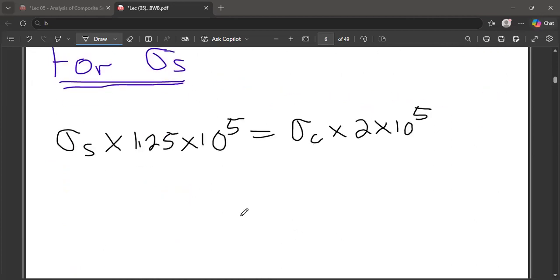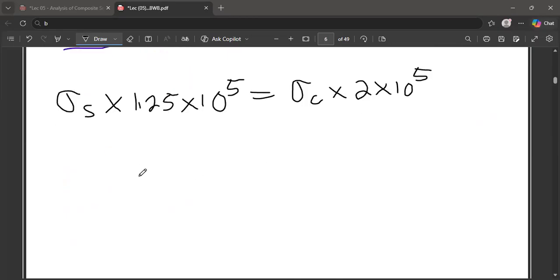From here, what do we have to do? We just have to divide. For teaching purposes, I'm going to repeat this one more time before I divide, so that the steps can be clearly defined.